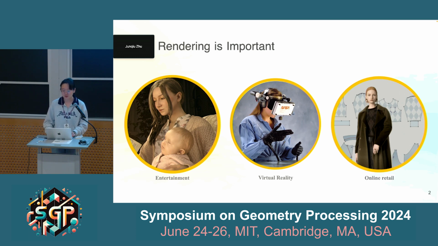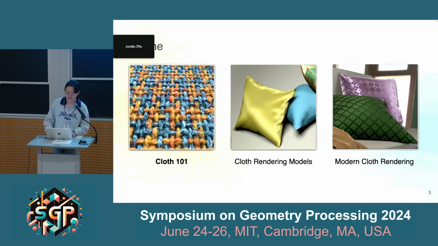Recently, the rise of mobile VR devices and digital human technology has created high demand for realistic cloth rendering. Online retail, like mobile terminal sales and virtual fitting rooms, also requires accurate cloth rendering. Solving the problem of cloth rendering is an urgent need in both offline and real-time rendering domains.